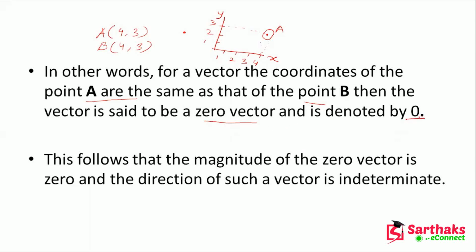This follows that the magnitude of the zero vector is 0 and the direction we cannot find out. The magnitude is 0. Okay.